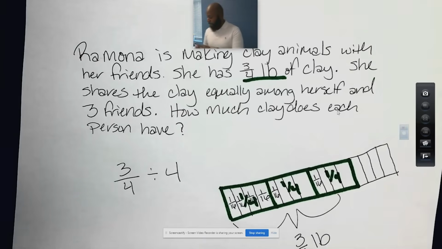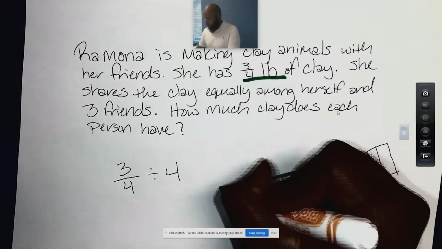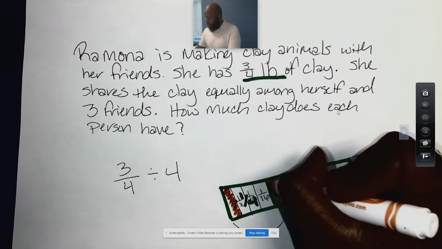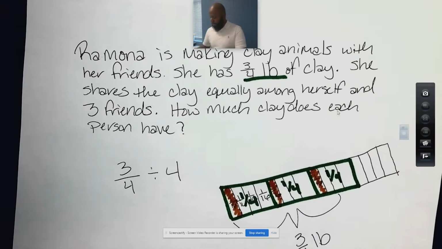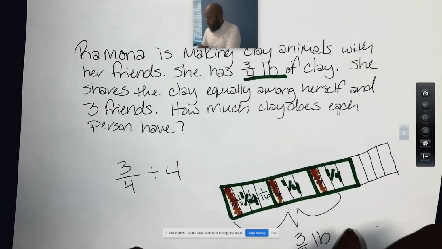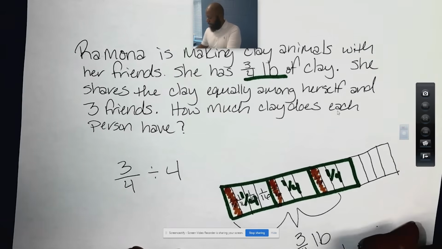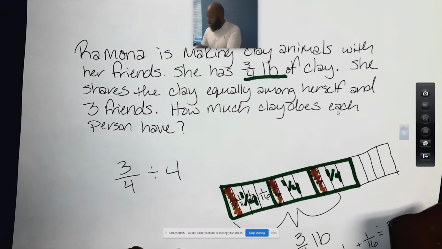Because if I were to give this piece and this piece, this would give me 1/16 plus 1/16 plus 1/16, which is going to give me that 3/16.